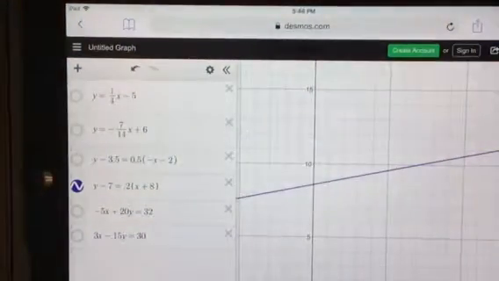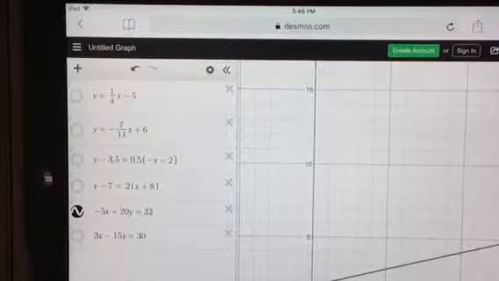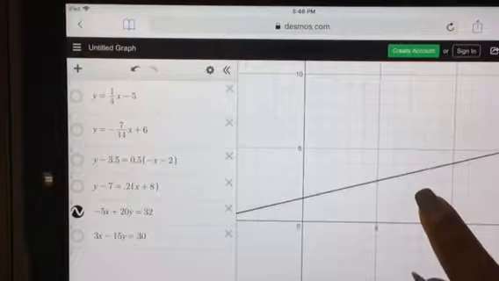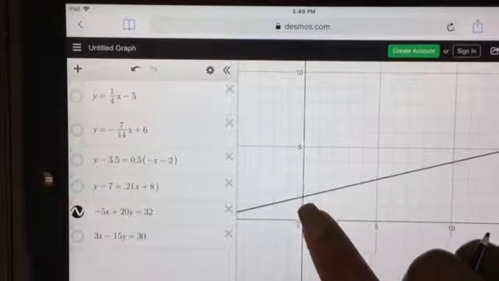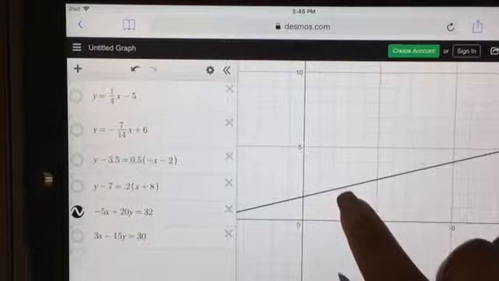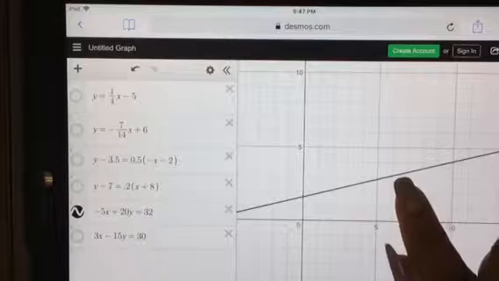Now I'm going to look at the ones that are in standard form. I'm going to get rid of that line and push that line there. I'm going to scroll up so you can see it. Let's see, where does it cross? My goodness, let's see here. This is not an easy line to look at.